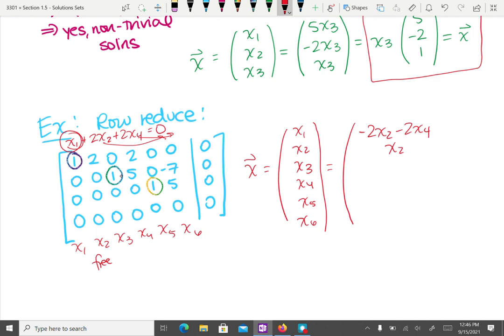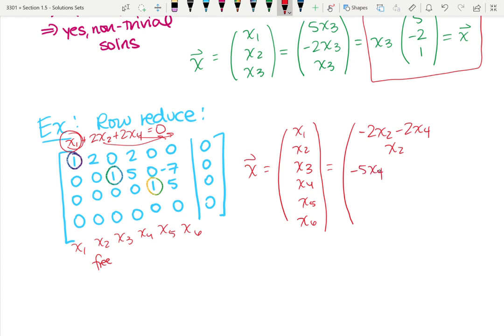x3 now, we go by this row, x3 would be negative 5x4, from that positive 5 getting moved over, plus 7x6, sorry, not x5, x6. Then x4: there's no pivot in the fourth column, it's free.